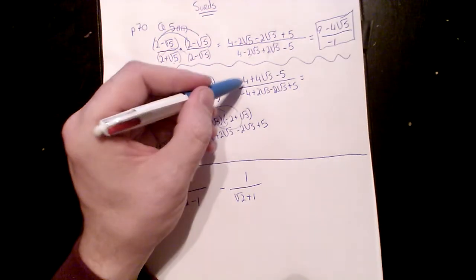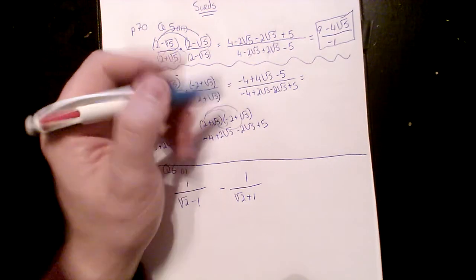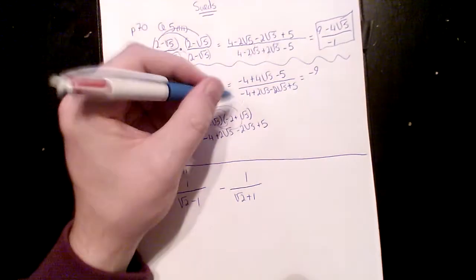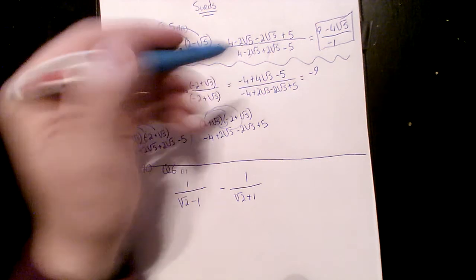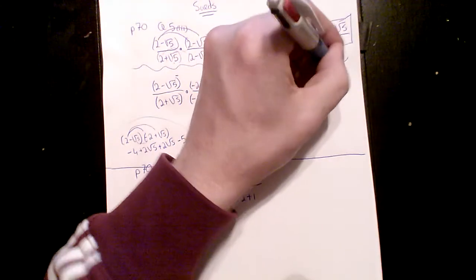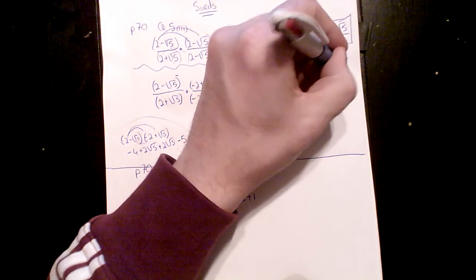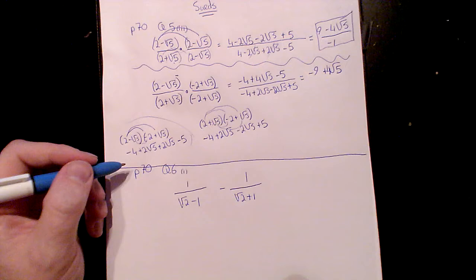Now, can we just simplify the numerator and the denominator? So minus 4 minus 5 is minus 9, and minus 9 plus 4 root 5.